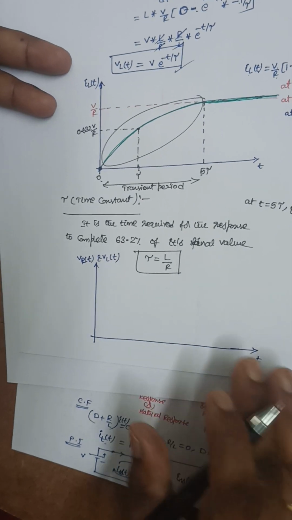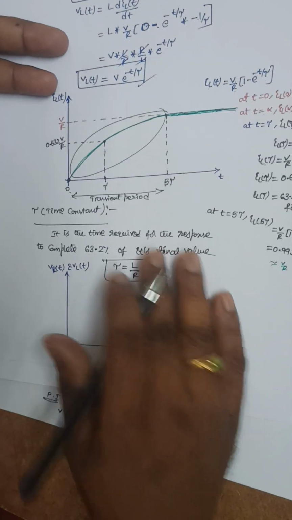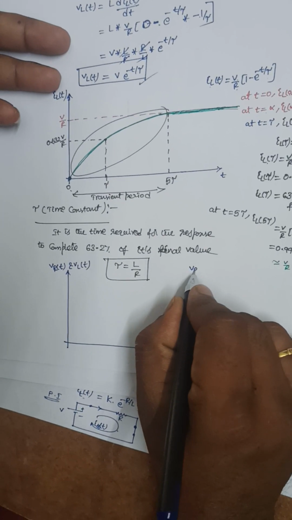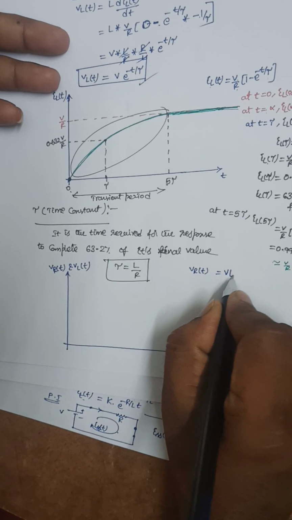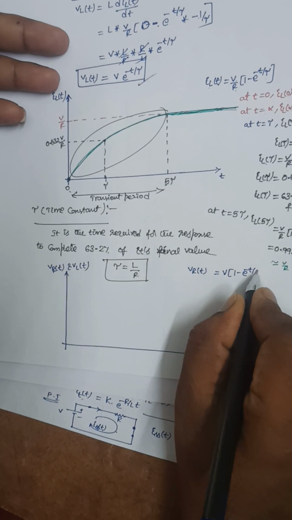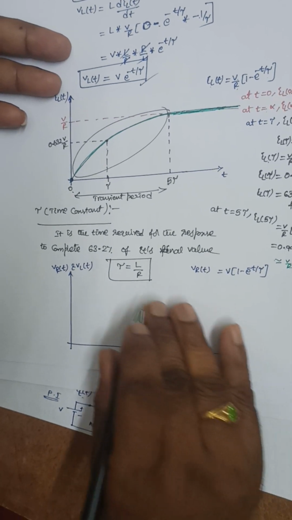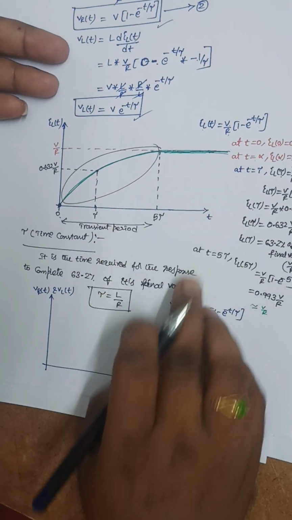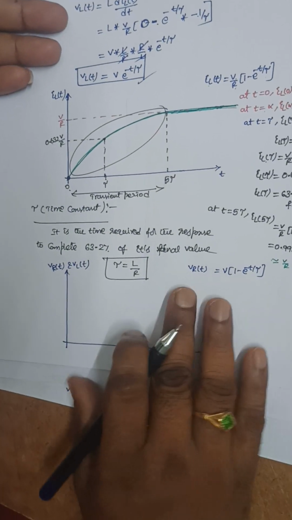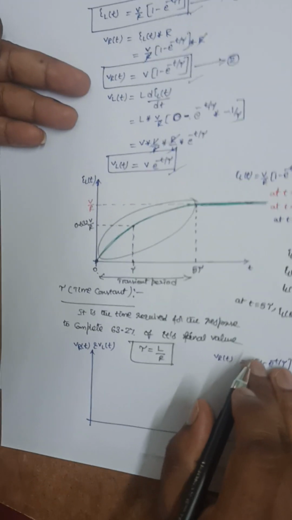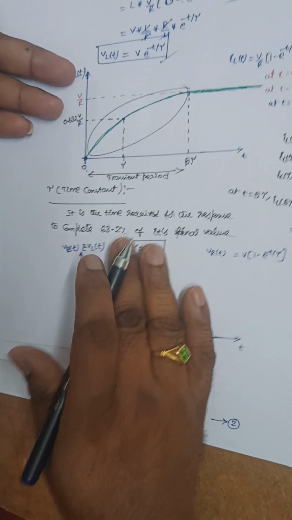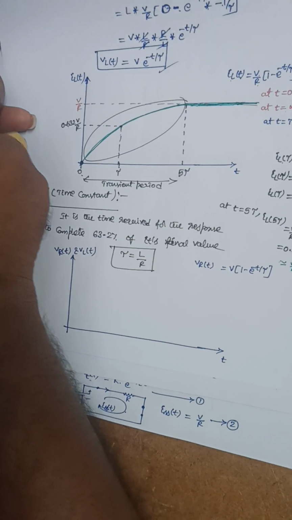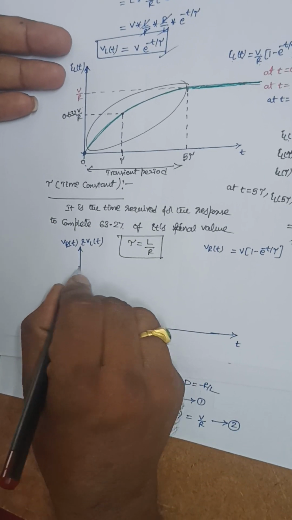And you see VR of t is equal to V into 1 minus e power minus t by tau. Only the change between this IL of t and this VR of t is there is V by R, here is only V, there is no R here. So here the final value is V by R, but here the final value is only V here.